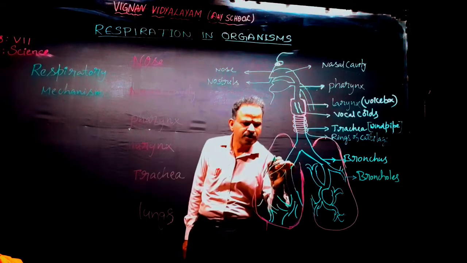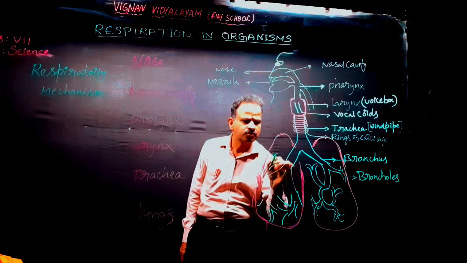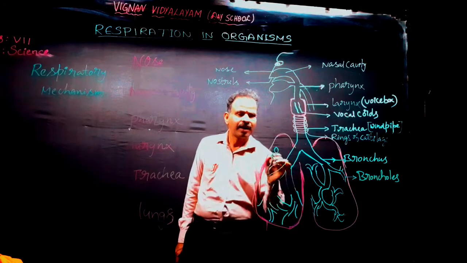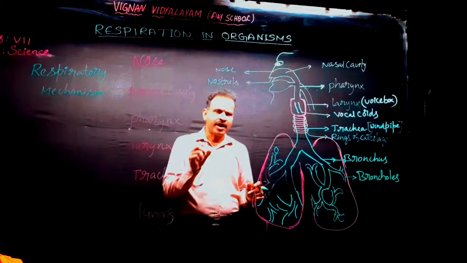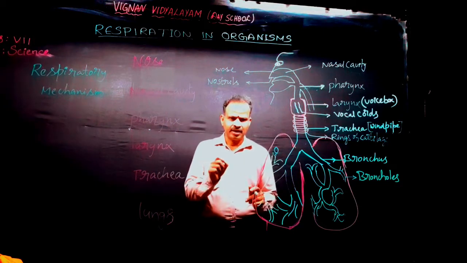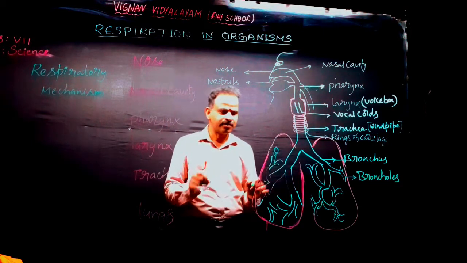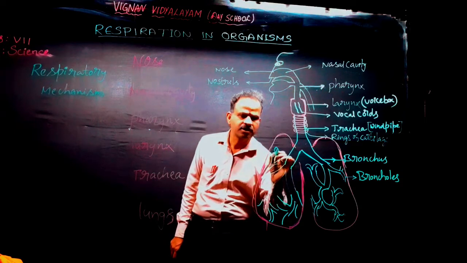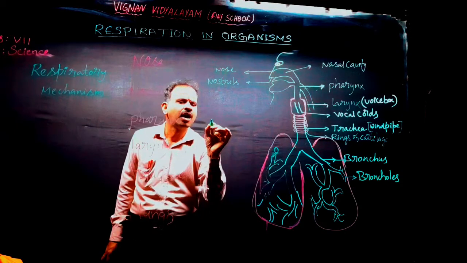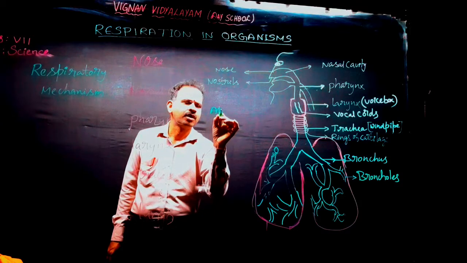So these bronchioles open into the lungs. There are air chambers in the lungs. These chambers are called alveoli.